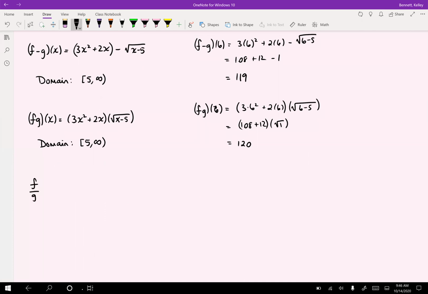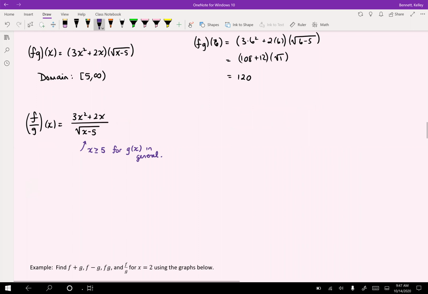F over g of x. So this is going to put 3x squared plus 2x as my numerator, and then my denominator is the square root of x minus 5. So we already know that x has to be greater than or equal to 5 just for g of x in general.